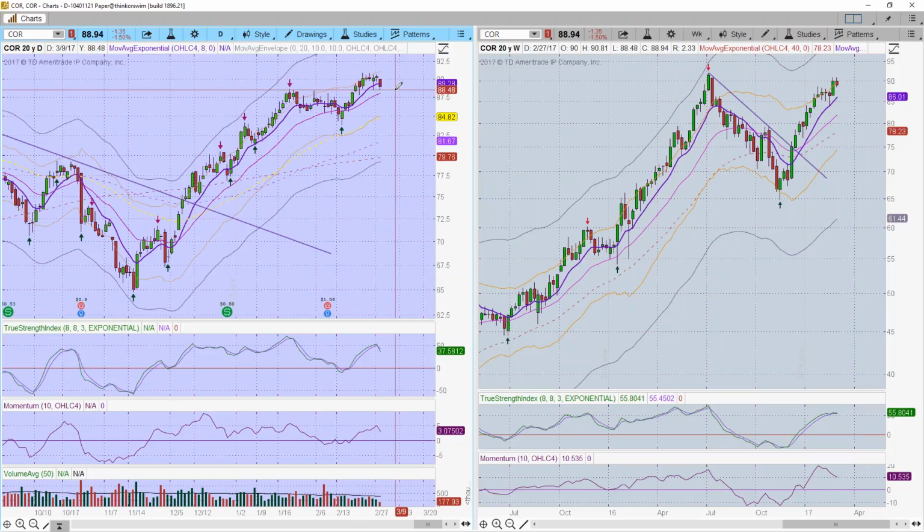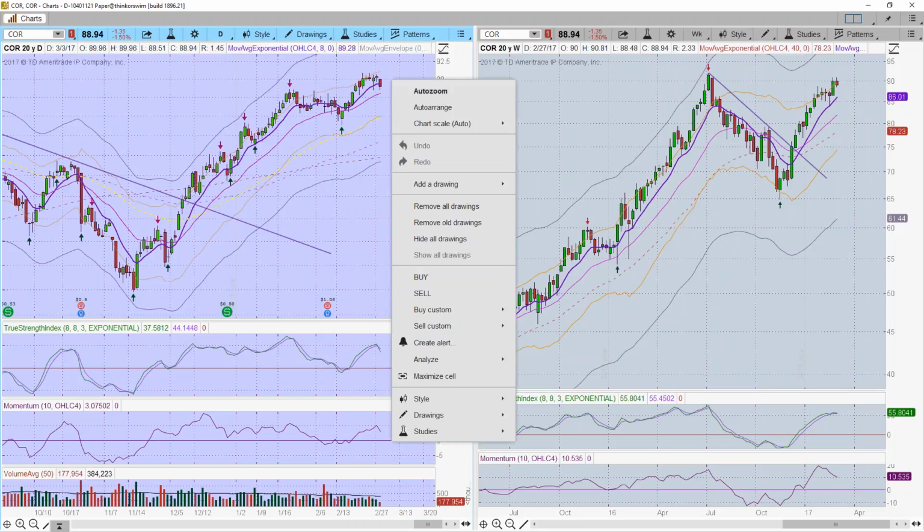If you're already in this stock, let's say you got in on the move back above the 8, it may be a good time to take a little bit of profits off the table, because you'd be looking at a profit of 3, 4, 5%. And on a stock like this, that's okay.